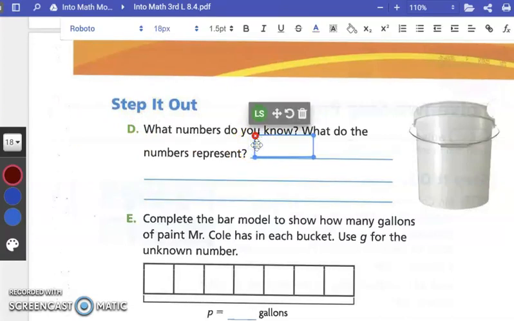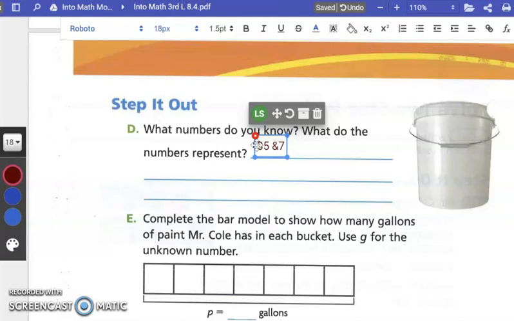That's what we know. 35 and 7. Okay? Because we figured out we had 35 gallons left when we had 41 minus 6. And in the problem, it told us there were 7.